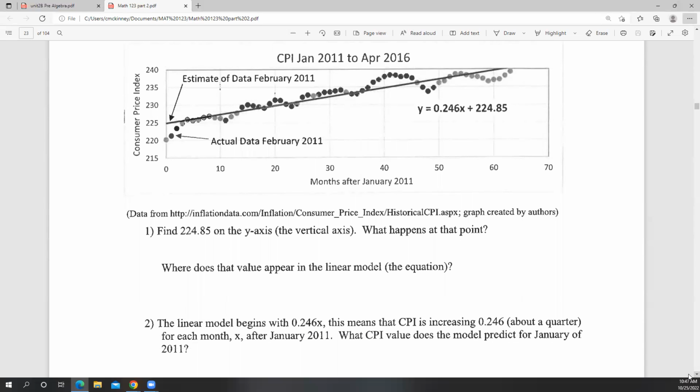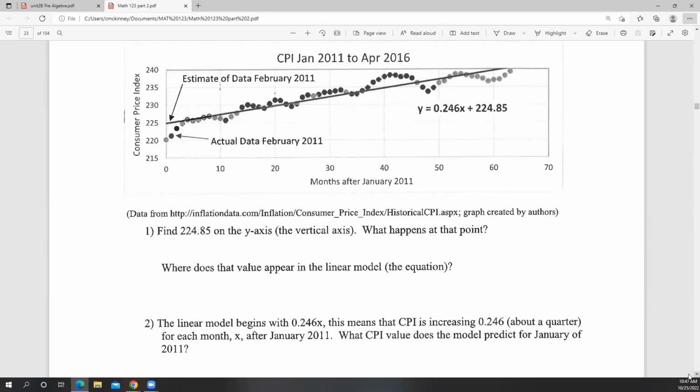So think about when something touches the y-axis. If it touches the y-axis, that is our y-intercept, and that is 224.85. Notice that it's the b in the equation that we're given.